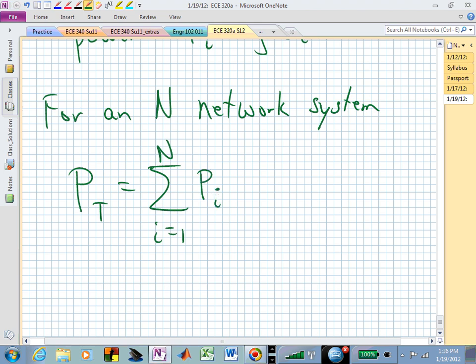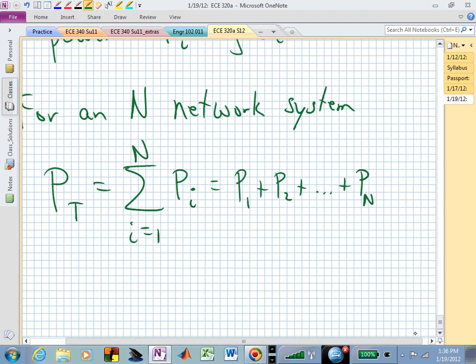That's all I'm saying by that summation argument. I now just have P1 plus P2 plus, up to P sub N, capital N, and that's in watts.